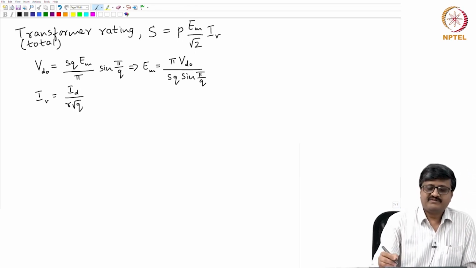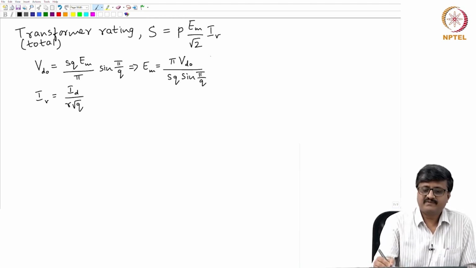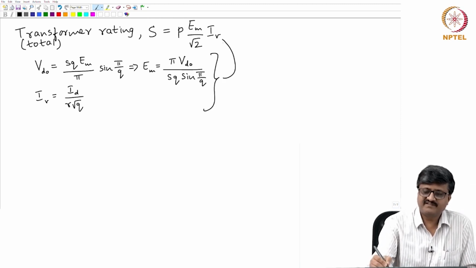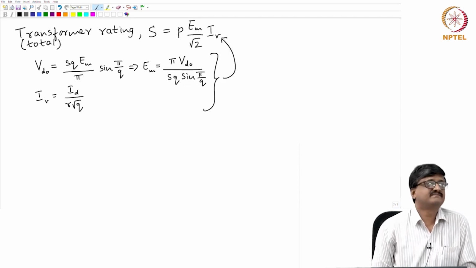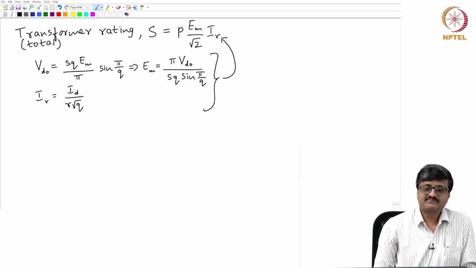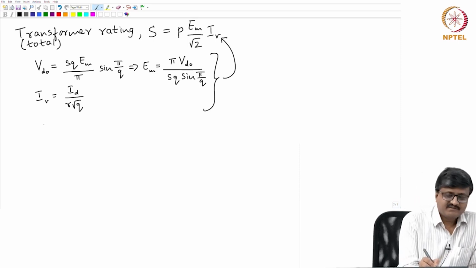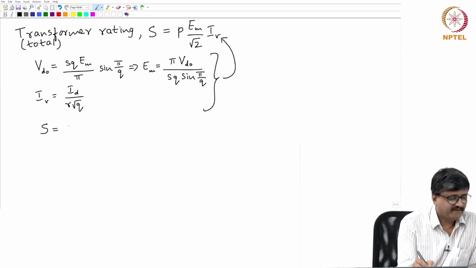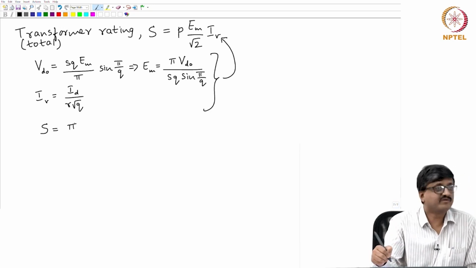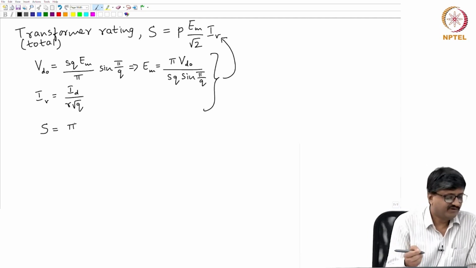So, substitute the expression for EM and the expression for IV in the expression for S. That gives the expression for S, after simplification. We will not get the expression in terms of EM anymore, we will get it in terms of VDO, of course.